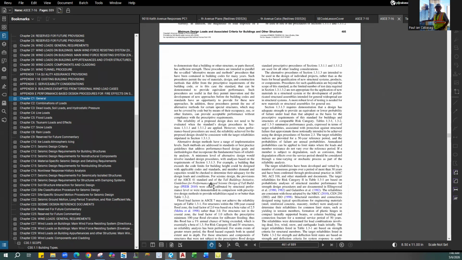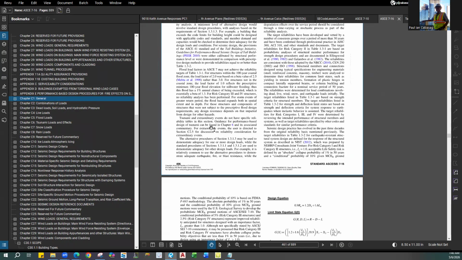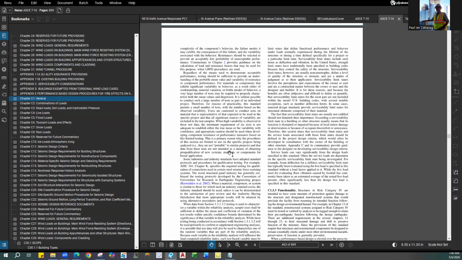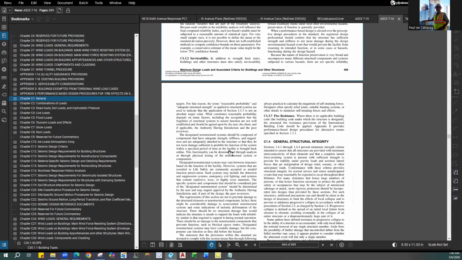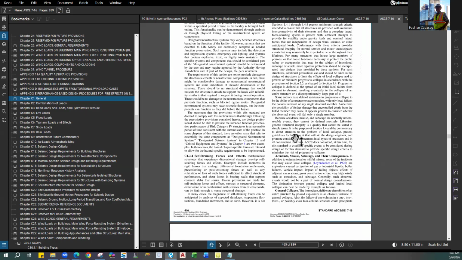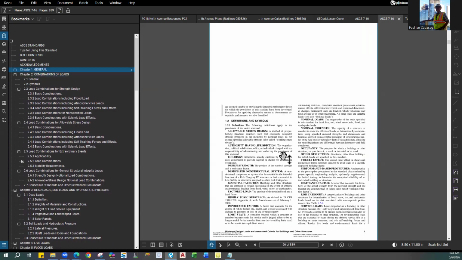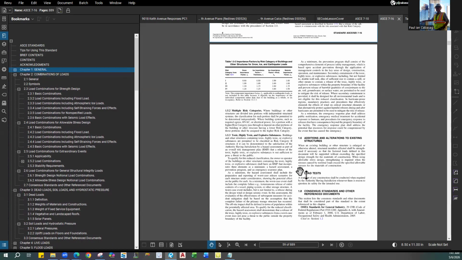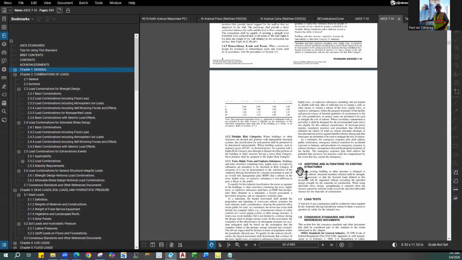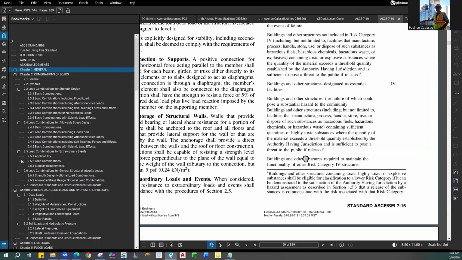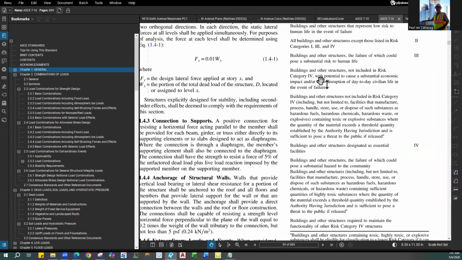Right here, you have the basic stuff under here. So you can read what each risk category is here. I think in the actual code, they also tell you what it is. So if you were to just read each one of these, see, like here it says other general protocol.